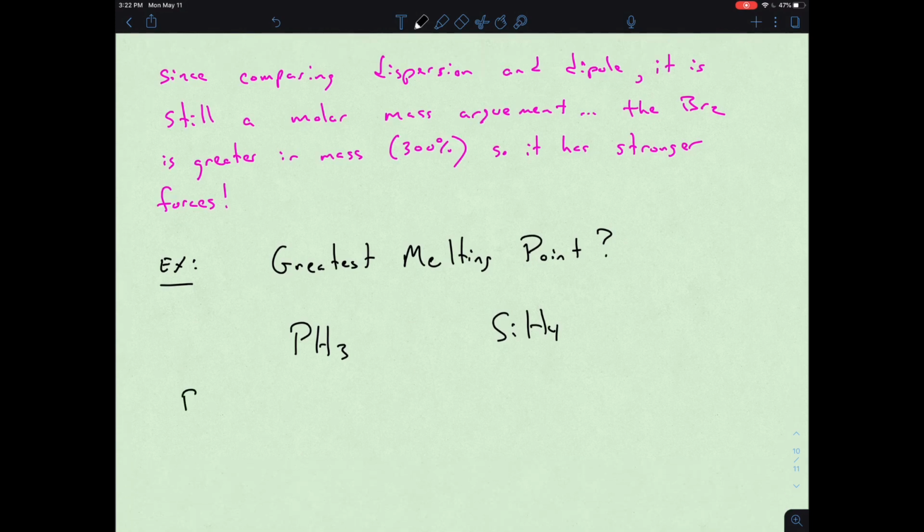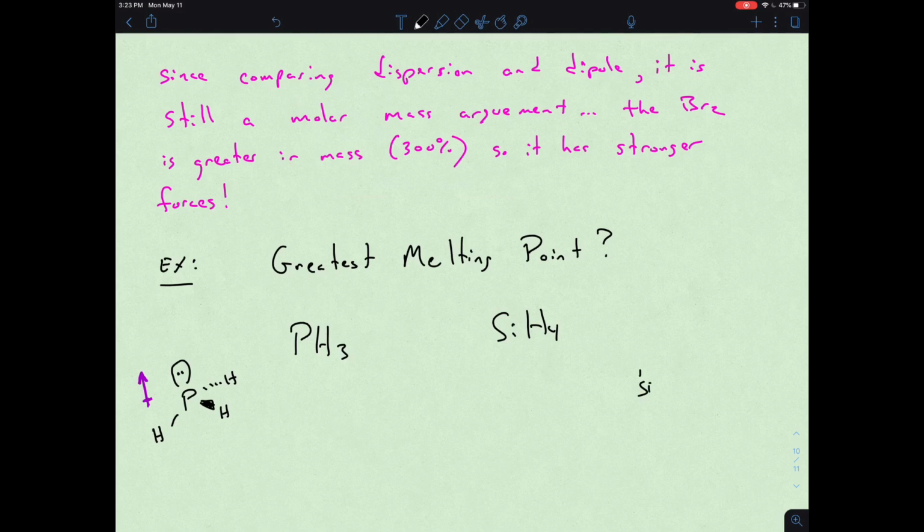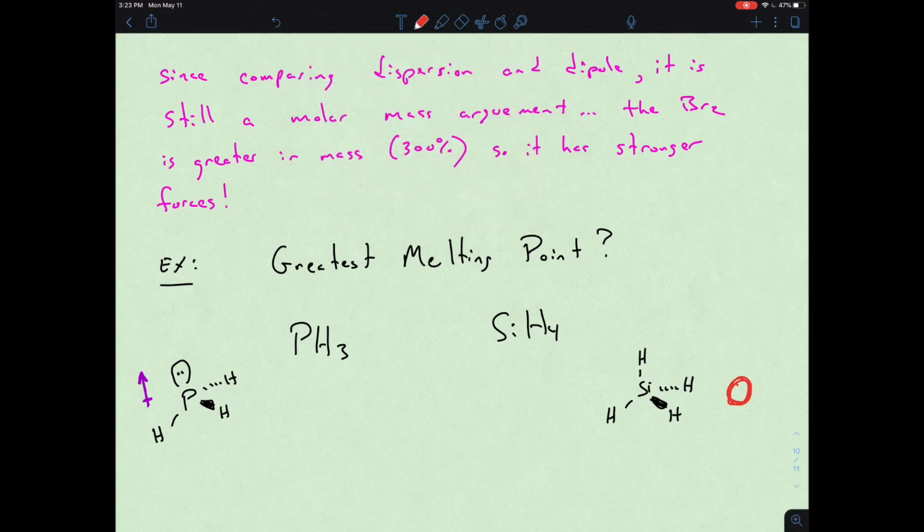If we look at these molecules, we have a dipole in terms of our phosphine. And if we look at our silane, we find that we would have no molecular dipole. So again, the comparison between the two, dispersion and then dipole-dipole.